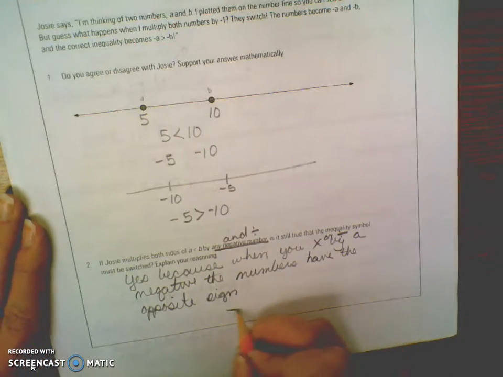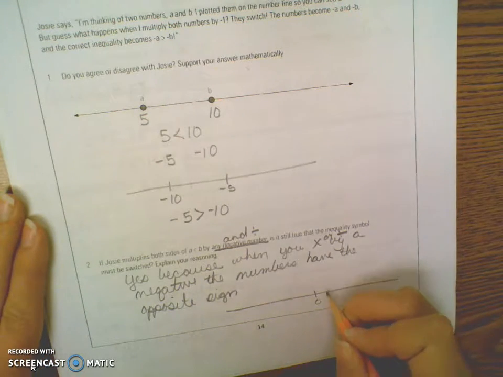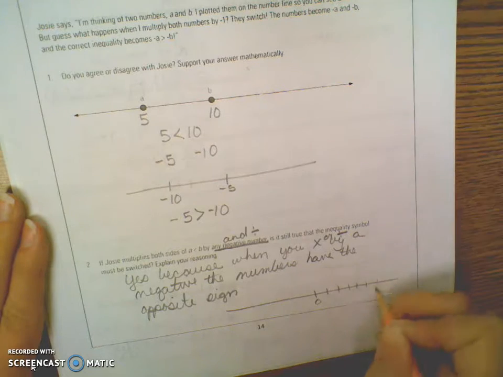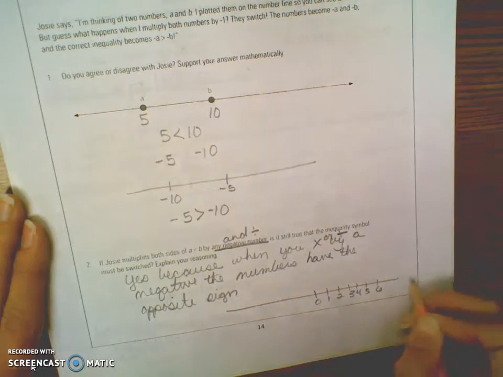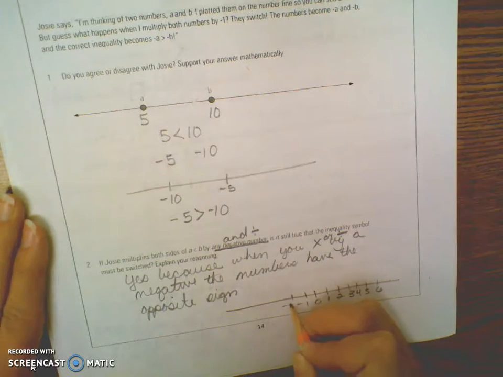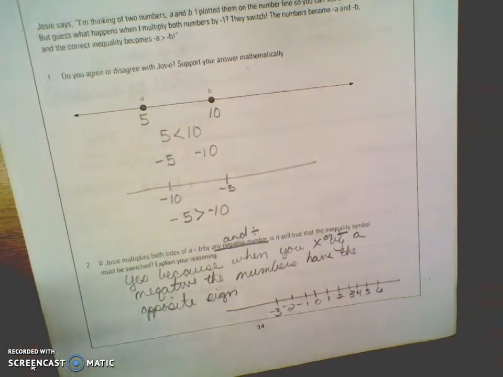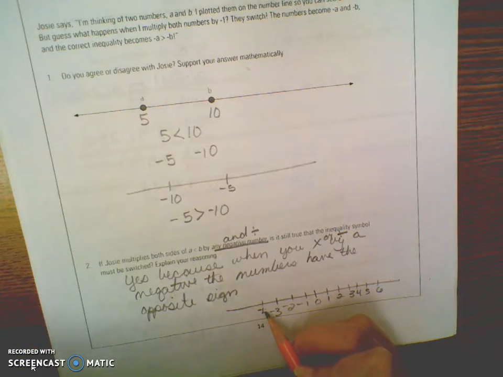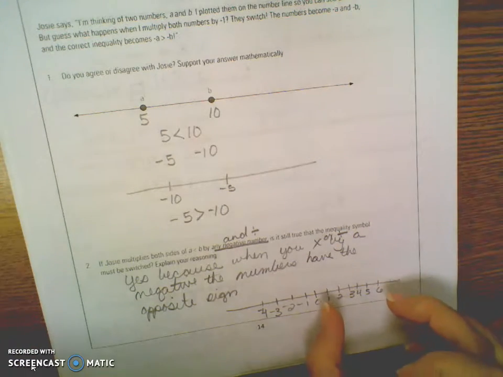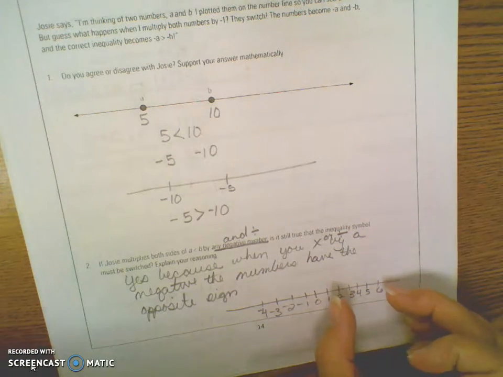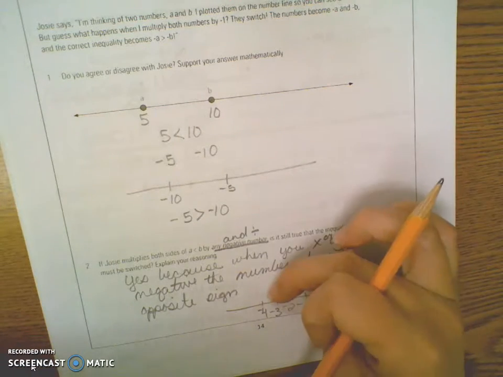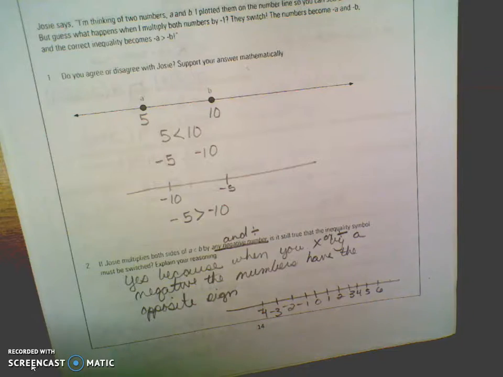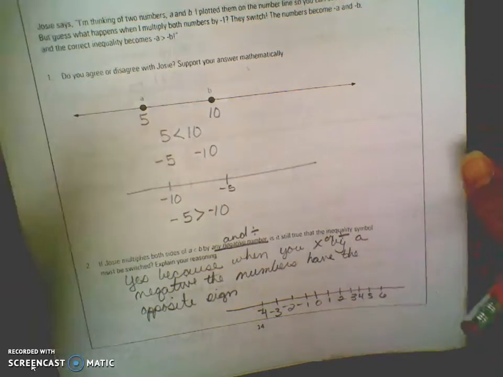And the reason for that is our number line is a reflection on both sides. So this is 1, 2, 3, 4, 5, 6, and so on, and -1, -2, -3. And so when you multiply by a negative number, it switches. They go to the opposite of the side they were on before, and so that switches which one is greater and which one is smaller.